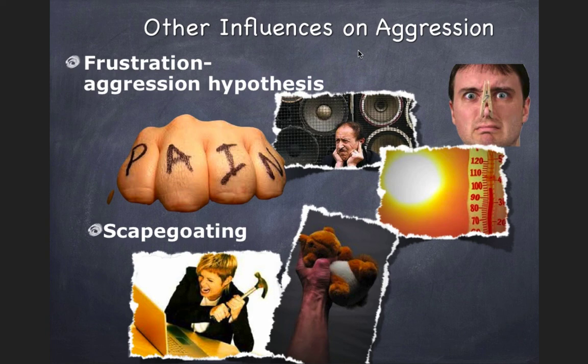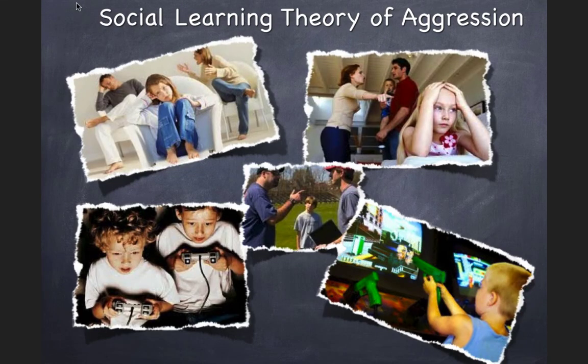And then lastly is the social learning theory of aggression, that people learn to behave aggressively by observing aggressive models and by having an aggressive response reinforced. There are higher rates among groups and cultures that condone aggression.